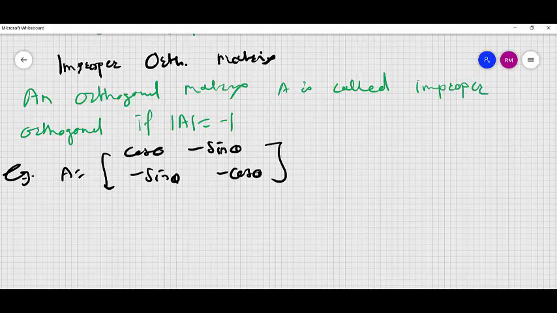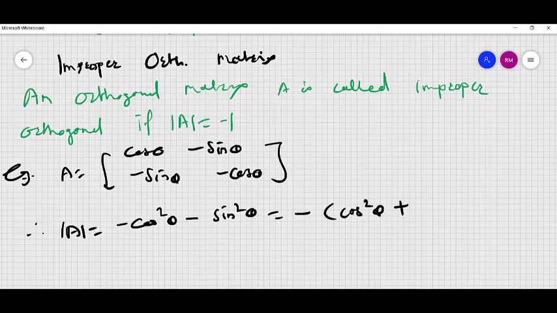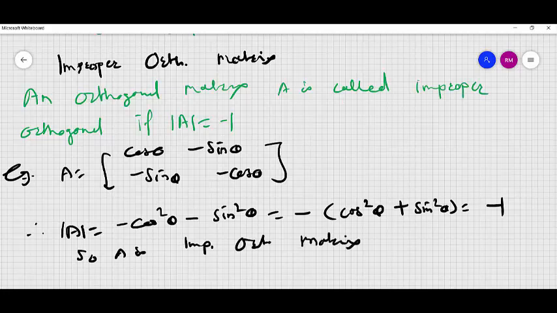See that matrix A, if you take the determinant of A, it will become minus cos square theta, then minus will become plus and again minus sin square theta, that is minus into bracket cos square theta plus sin square theta, that is minus 1. So A is improper orthogonal matrix. Now we take some properties of orthogonal matrix.